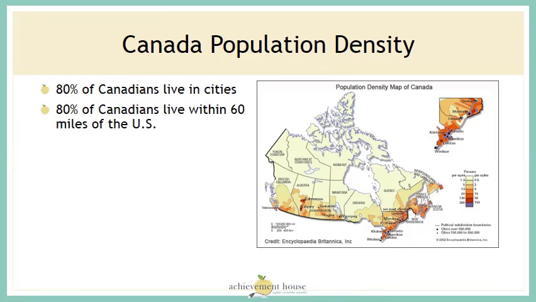So as we get further south in Canada, you can see it turns from the light beige to the darker browns or reds, because that's where most of the Canadians live, along the border. 80% of Canadians live in cities, and 80% of Canadians live within 60 miles of the United States. Think for a moment, why do you think that is? Why do you think most of the Canadians live in the southern region of that country?